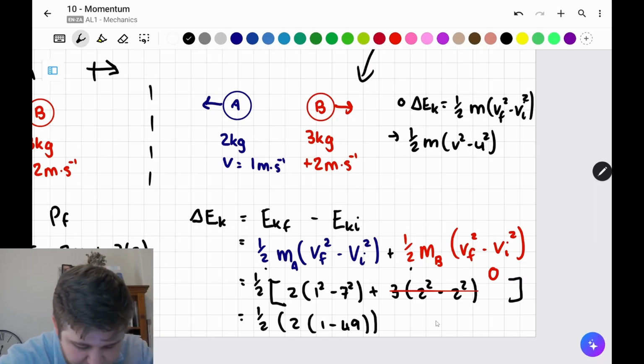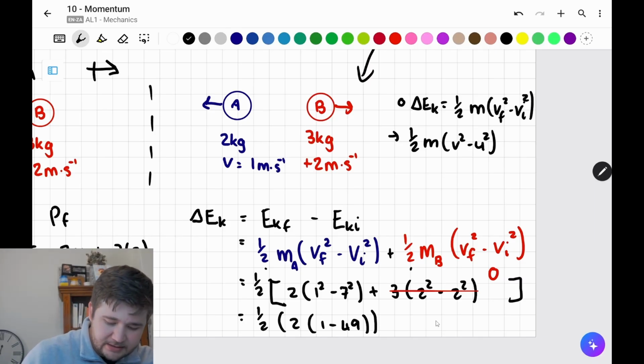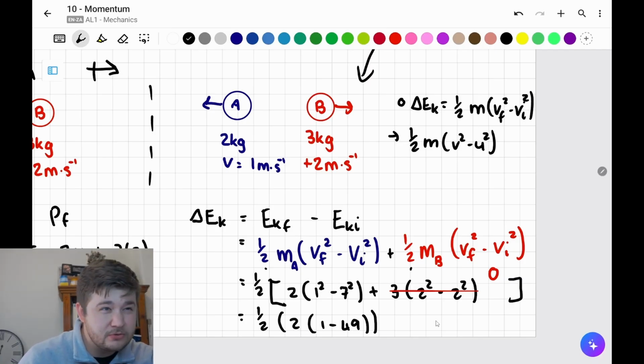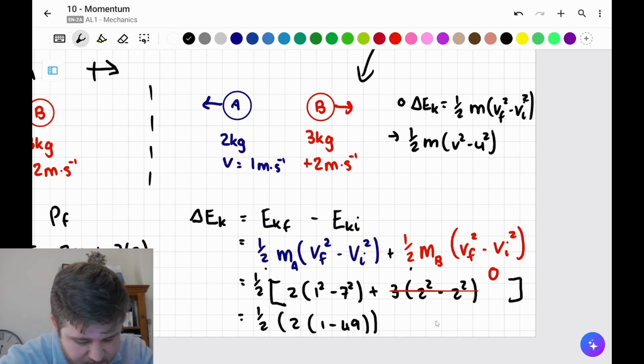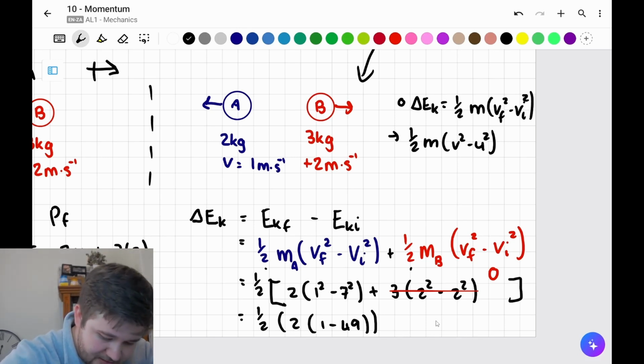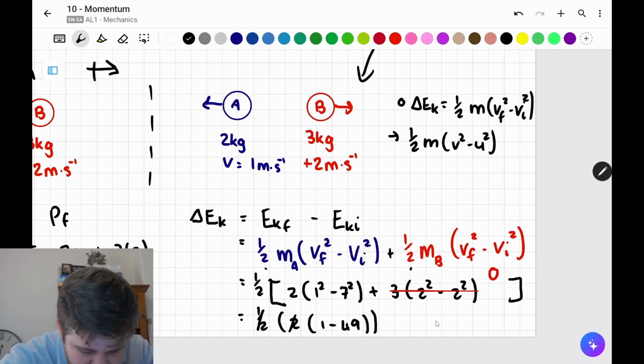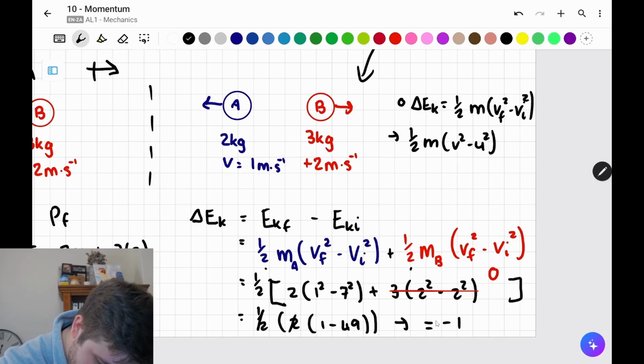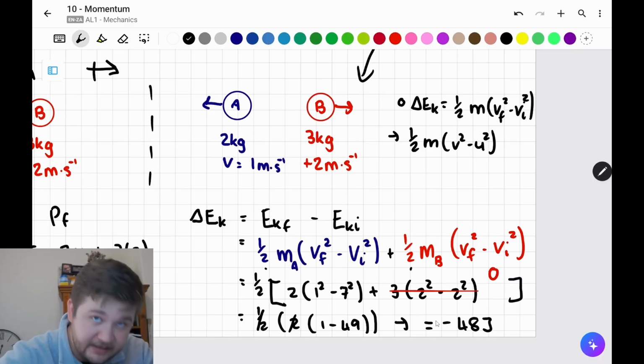Okay, 1 minus 49 becomes negative 48. Negative 48 times 2 will give me negative 96, a half of negative 96 will just be, oh well, simple enough. A half times 2 becomes 1. And then our loss in joules becomes negative 48 joules of energy lost.